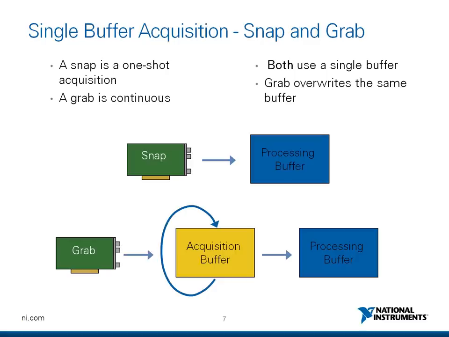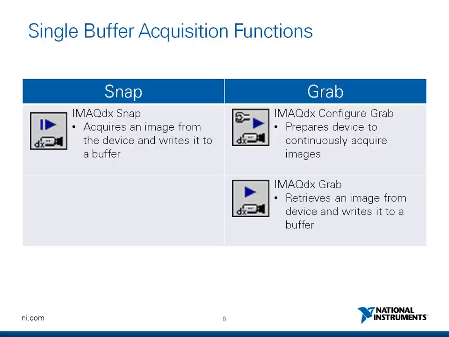So the difference is that snap is used for one single frame of image, and grab is used for continuous acquisition of images, wherein the last frame of the image will be acquired in the processing buffer. Okay, let's move next.